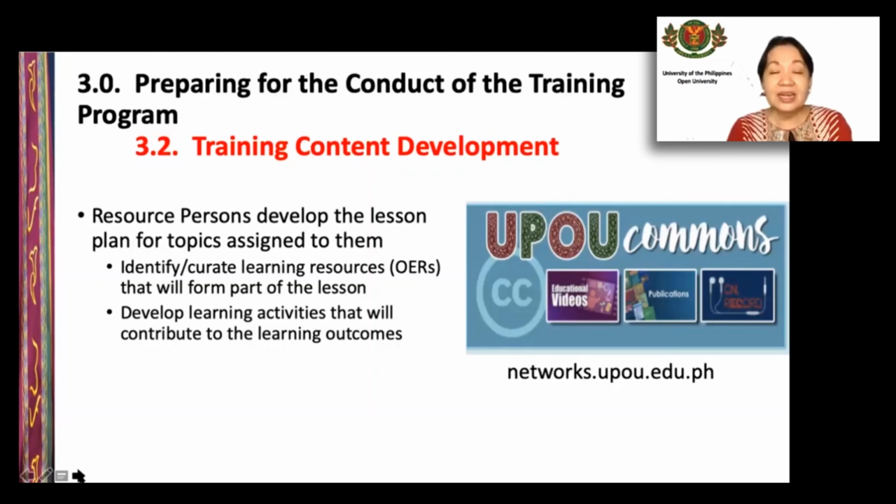I have put here as an example the materials that are at the UPOU Commons. Okay? So all the video lectures, all the webinar sessions that we have conducted in this training program and in other training programs. Siguro sa isang topic, baka magkakaroon kayo mga 3-4 na mga video materials, different people talking about it. Like learner support, for instance.